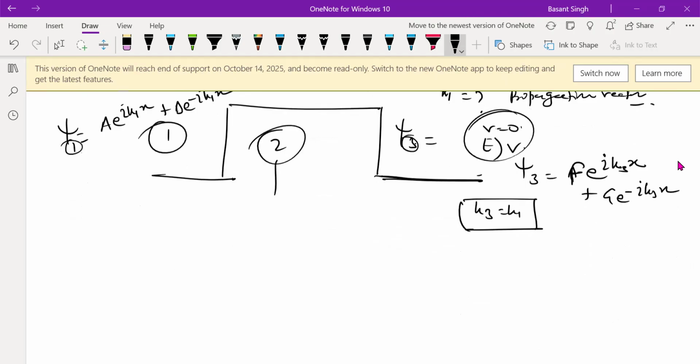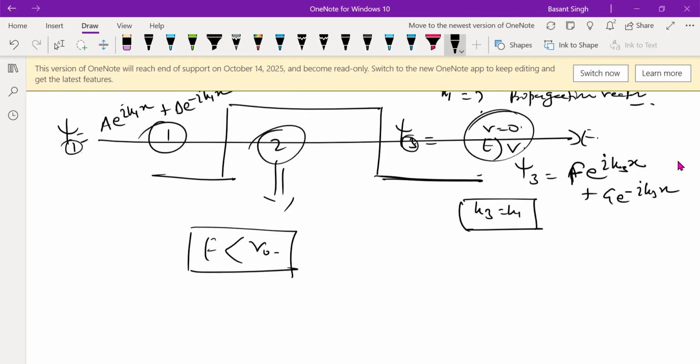In the second region, we see that the particle passes through this line. So the energy is less than the potential here. This is the V naught. So if energy is less than potential, then the wave function is a decaying function.